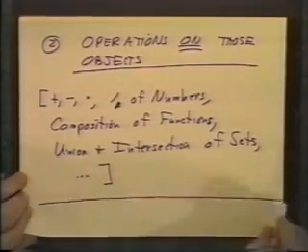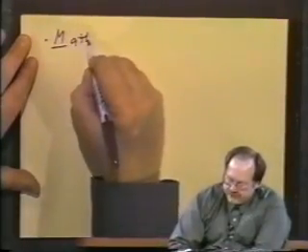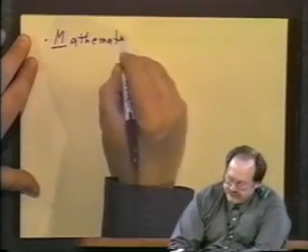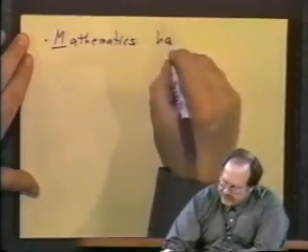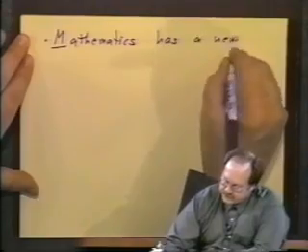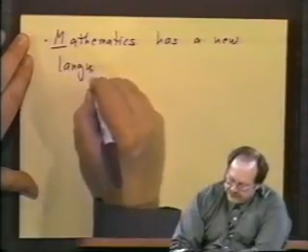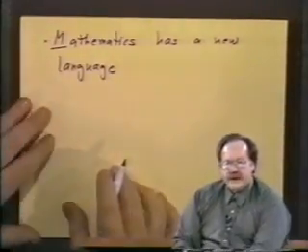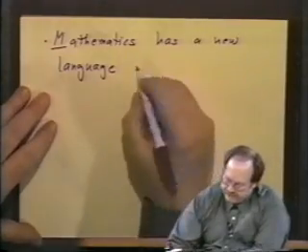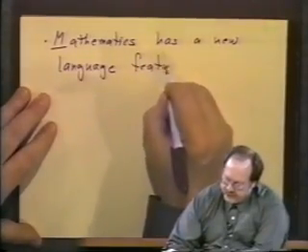Now, what else can we say about the mathematical language? Mathematics, again with a capital M, has a new language feature. Now this is a feature that the natural languages that we all know don't have. This is a new language feature.